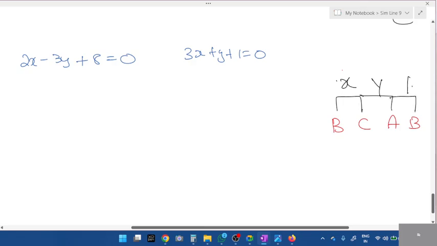Now, first x, y, 1, B, C, A, B. On top of this, you'll write A, B, C. A2, B2, C2.